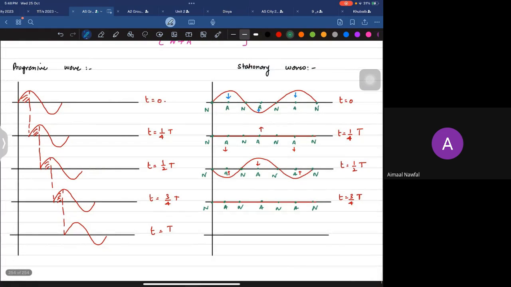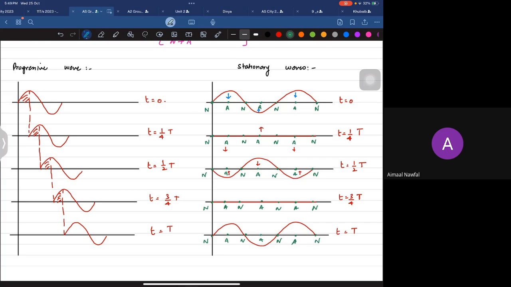And then after one whole time period, basically it just looks like this again, just like the first one. Nodes are there, antinodes are there, nodes, antinodes, nodes, antinodes, and nodes.